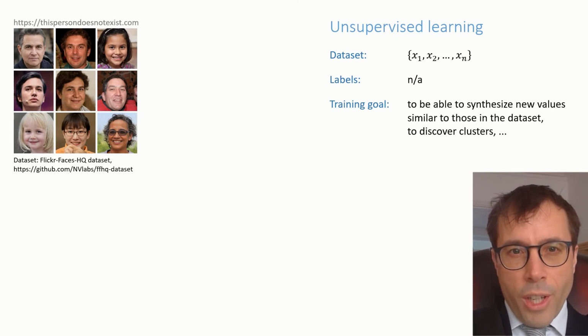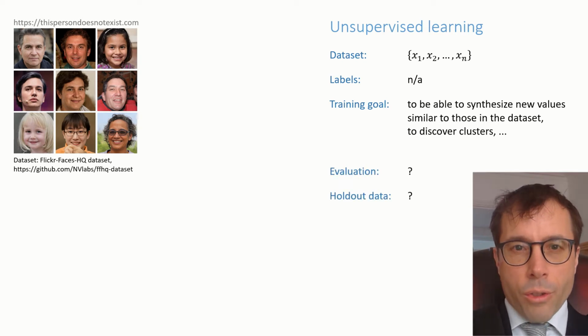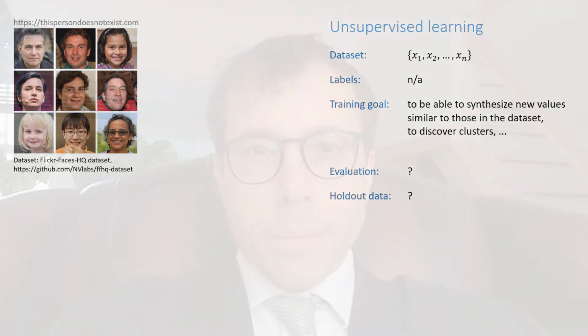But the question here is, how on earth should we evaluate such a machine? Is there any sense at all in which we could keep back some holdout data and test our machine's performance on that holdout data? What would we be comparing it to? You could imagine some sort of human-in-the-loop evaluation system. Take some machine-generated faces and ask the human to evaluate them.